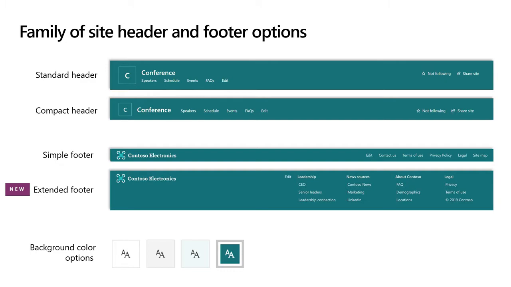We got a lot of customer feedback that people tend to include a lot of links in the footer at the bottom of their page. And so this would be much more suitable for company portal level uses. And then we're also bringing the background color options that you saw me use throughout the site to the footer as well, so people can theme the footer to match the rest of the site.